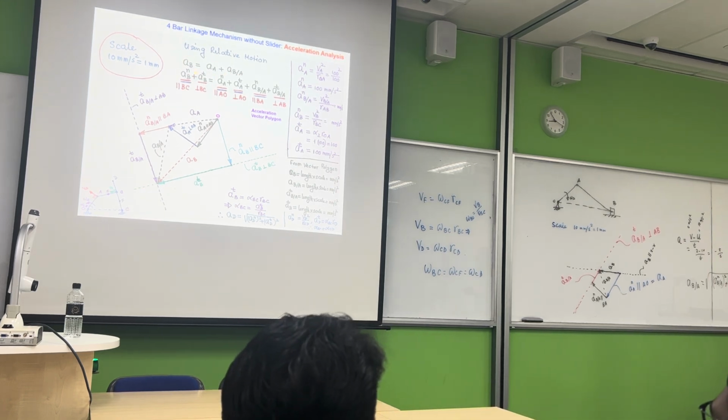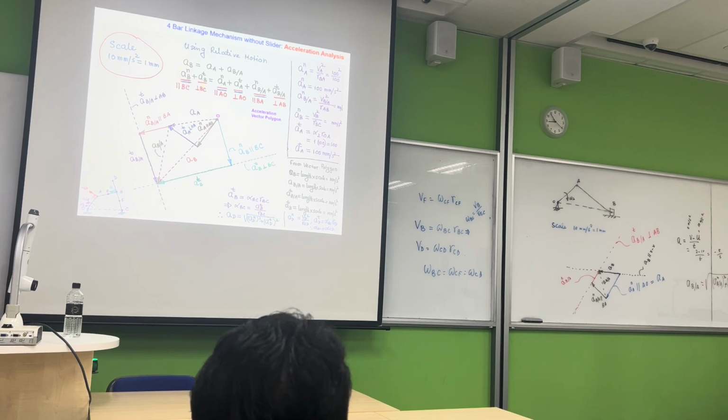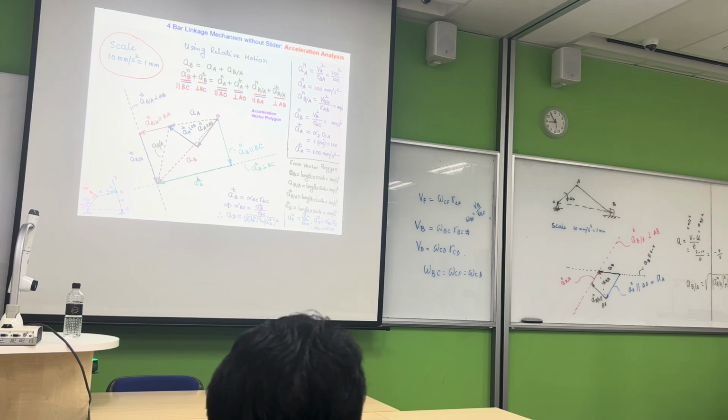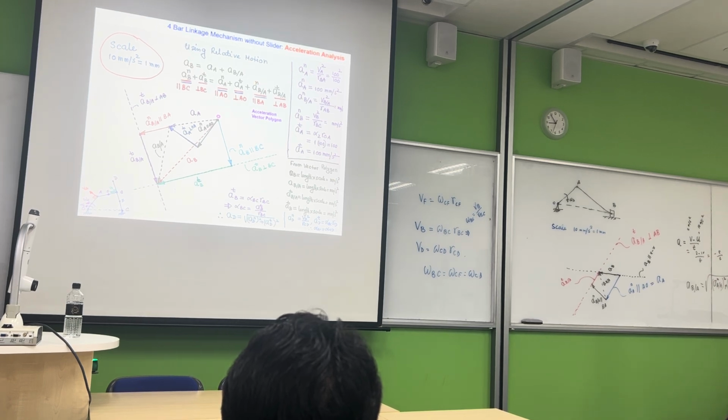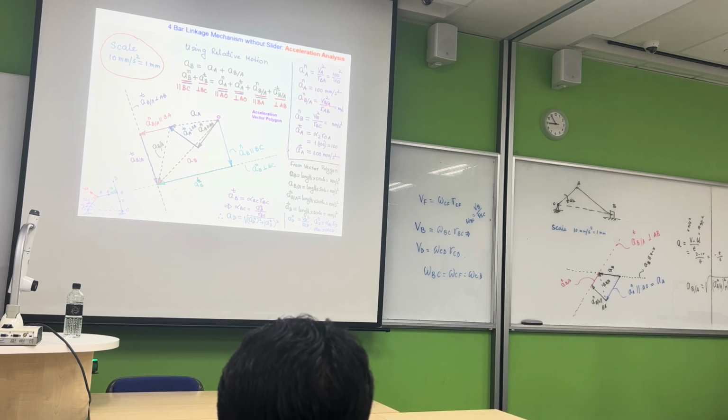Of course, this equation we expand to normal and tangential components on each part. There are three normal components, ABN, AAN, and ABAN. All of these parameters we wrote on the right hand side. As you can see, AAN equals VA square by ROA, which is around 100 millimeter per second square, and ABAN will be VBA square divided by RAB.